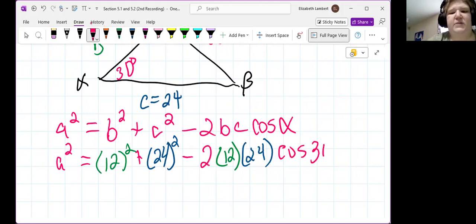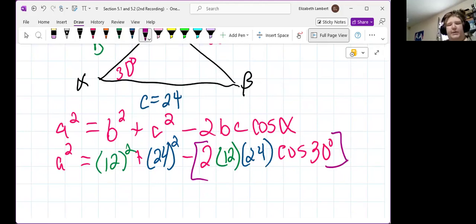And alpha is 30 degrees. And now lots of typing. 12 squared plus 24 squared minus 2 times 12 times 24 times the cosine of 30. Make sure you're in degrees. Put my little brackets to remind you that is all one thing.